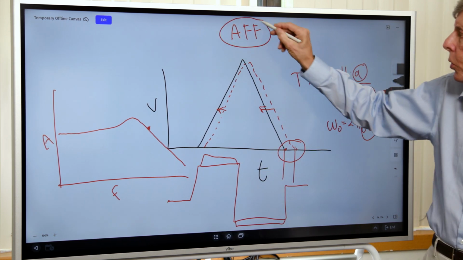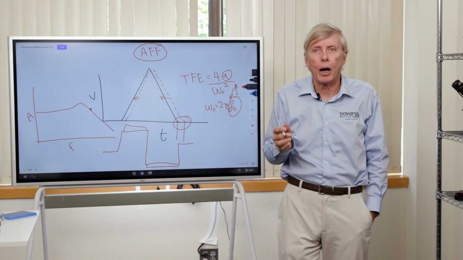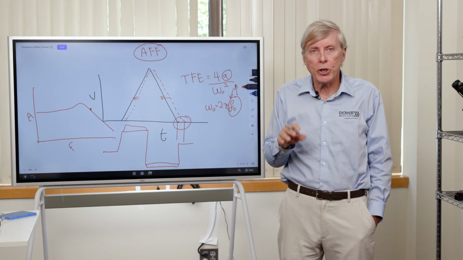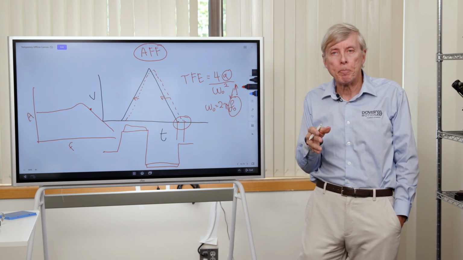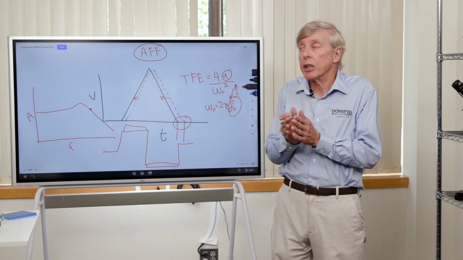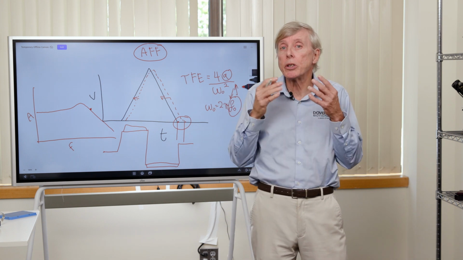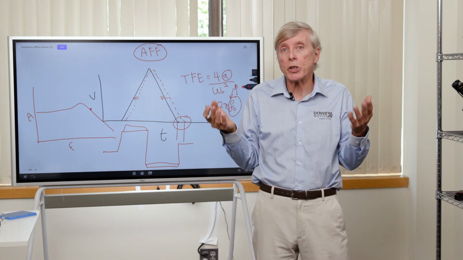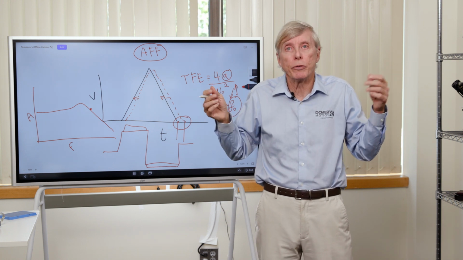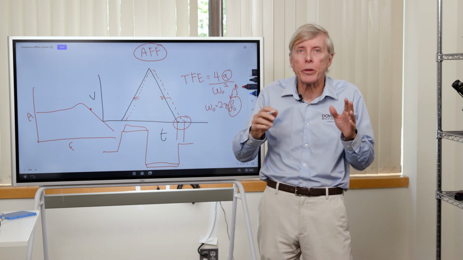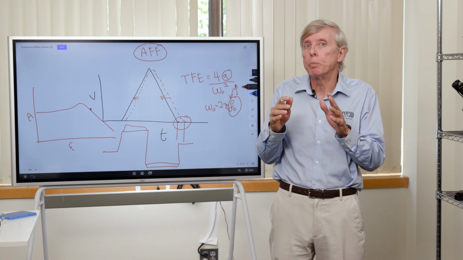And acceleration feed forward is a fantastic tool. If you use it, you can reduce the terminal following error and shorten the settling time. And the nice thing about acceleration feed forward is that it is a feed forward, and as a result, it does not upset the servo dynamics. If you try to do this by adjusting the servo bandwidth, you could run into trouble.